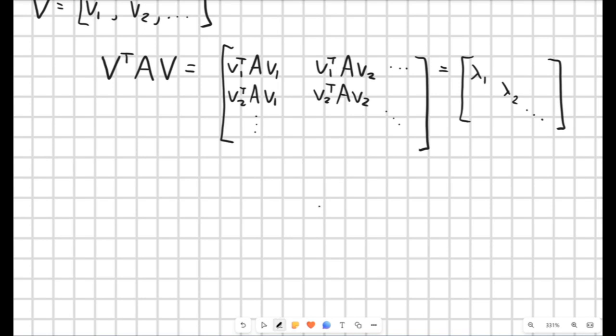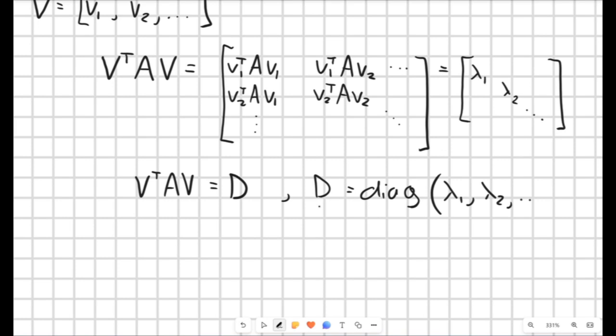So we'd usually write that by saying that V transposed A V is equal to D, where D is the diagonal matrix of lambda 1, lambda 2, and so on.